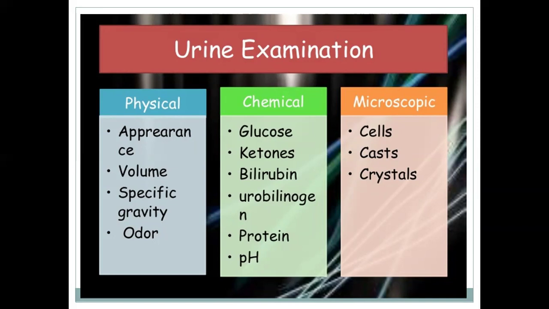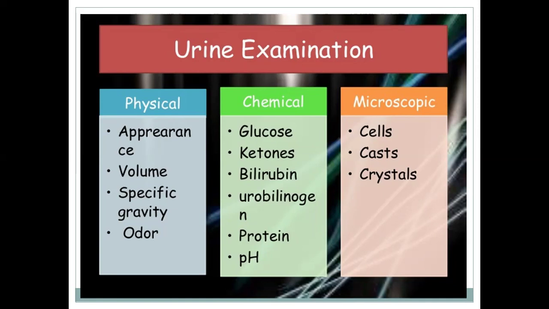Increased specific gravity is seen in low water intake, diabetes mellitus, albuminuria, and in acute nephritis, and decreased specific gravity is seen in absence of ADH or in renal tubular damage.